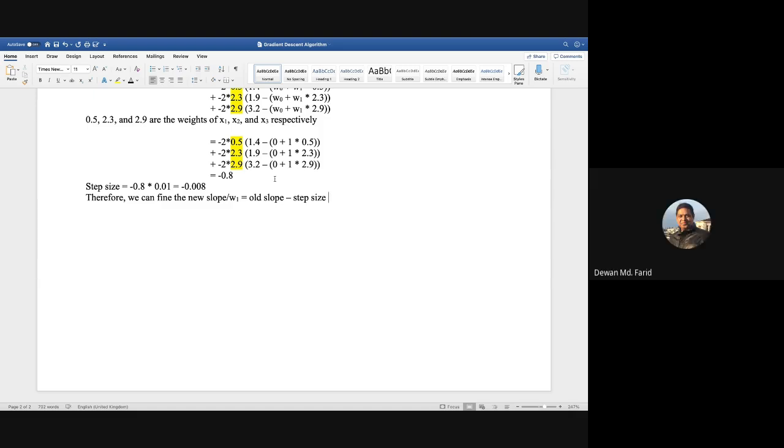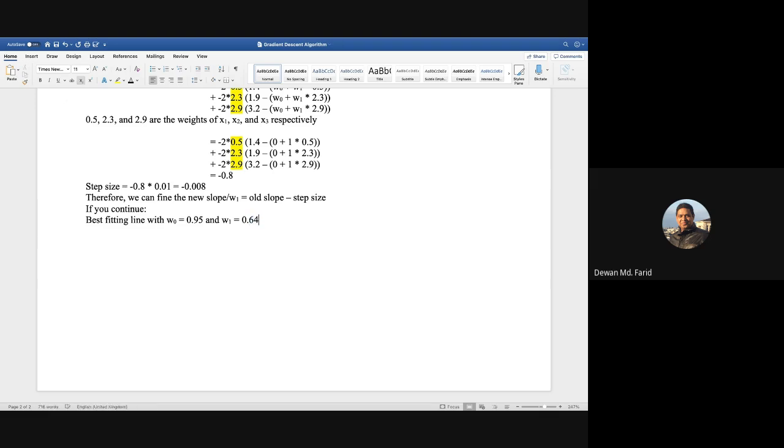Okay. So if you continue this exercise, you will get the best fitted line with W0, which is our intercept, 0.95, and slope, which is basically W1, 0.64.